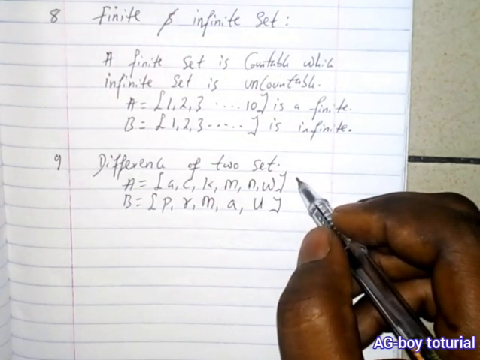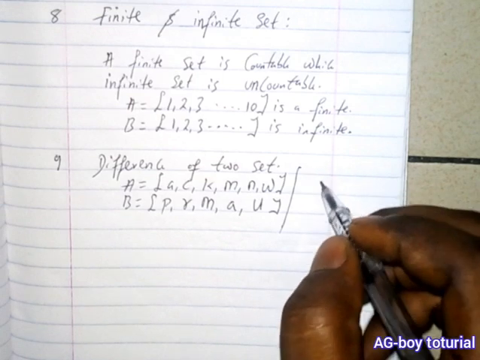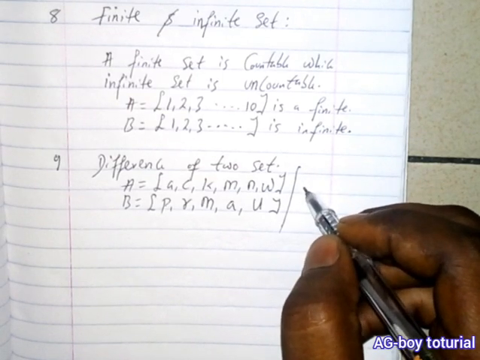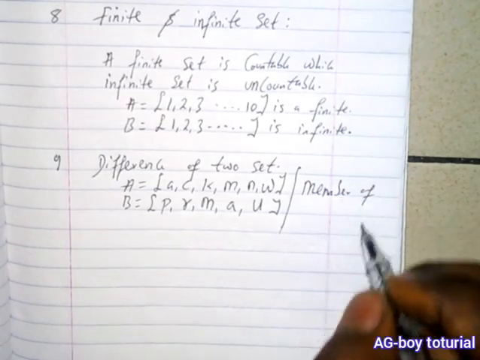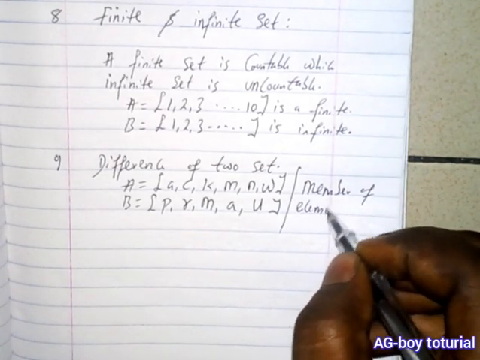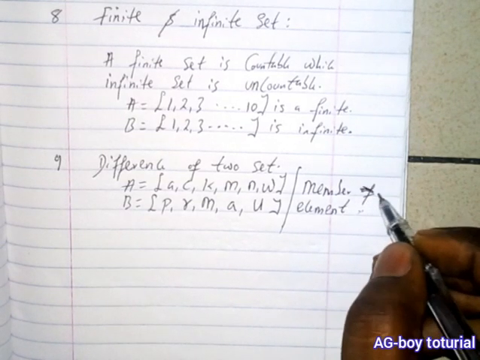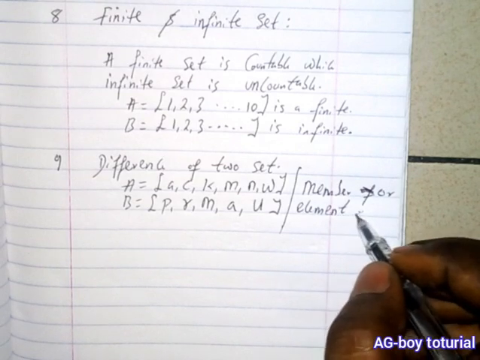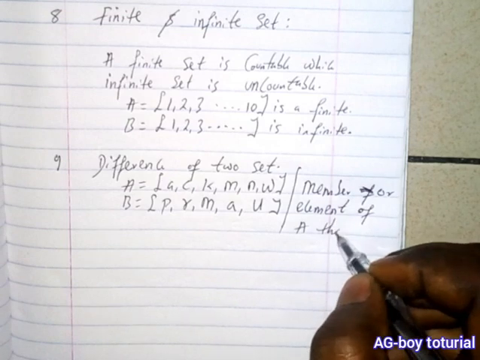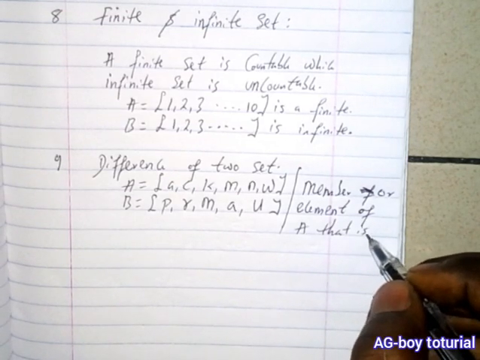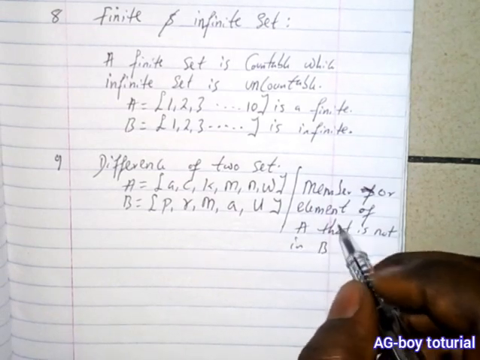Okay, let me define it for you. Now, let me say member or element of A that is not in B. That's the difference.